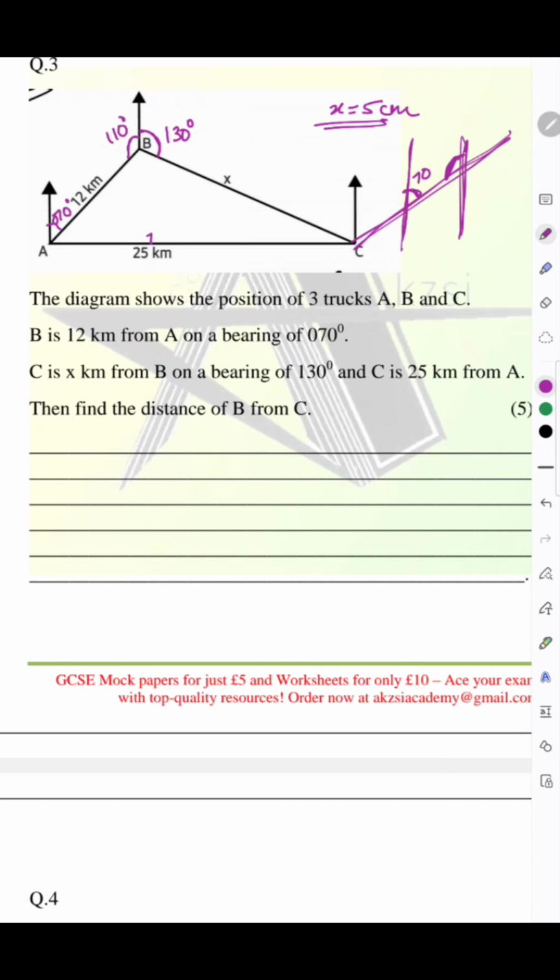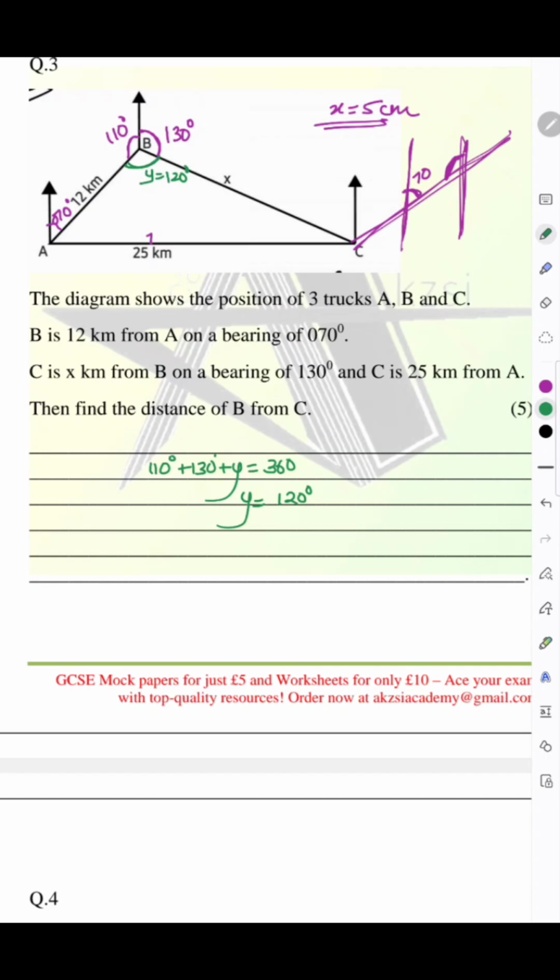Then we know the sum of all the angles should be equal to 360 degrees. So this angle, let's say y, will be 110 plus 130 plus y equals 360. From here y is equal to 120 degrees. So this is 120 degrees.